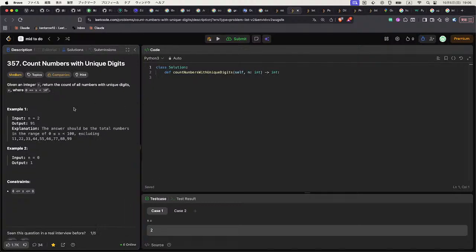Okay, given an integer n, return the count of all numbers with unique digits x.